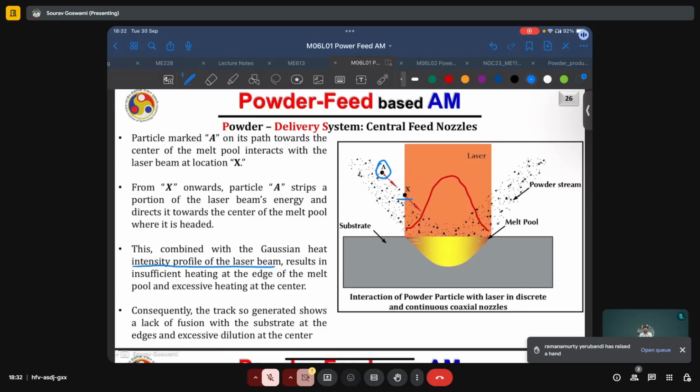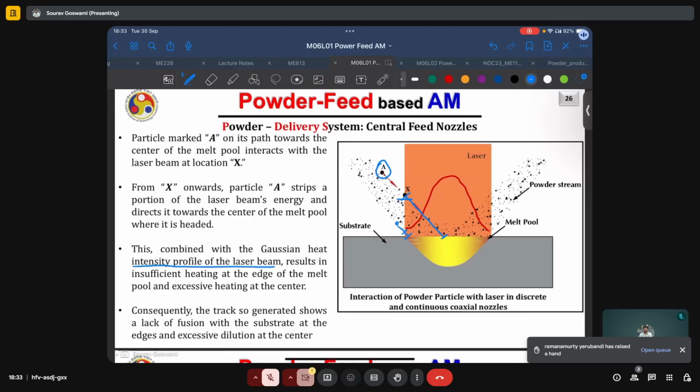Second, this particle, shown as particle A here, has the longest time of travel because it is covering the longest distance compared to any other particle, which starts interacting with the laser here and covers only a very short distance. Because of the long distance of travel, this particle has ample time to absorb the energy from the laser, get melted or superheated, and then it deposits all of that thermal energy near the center of the beam.